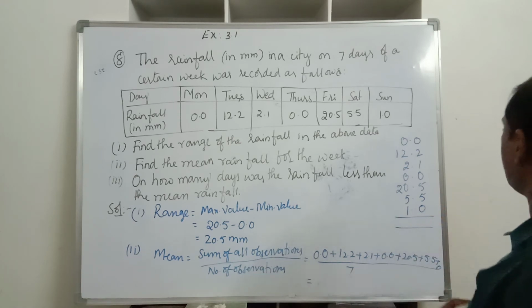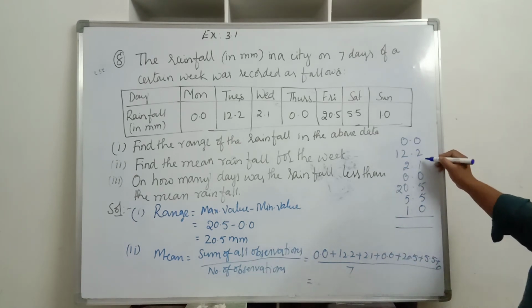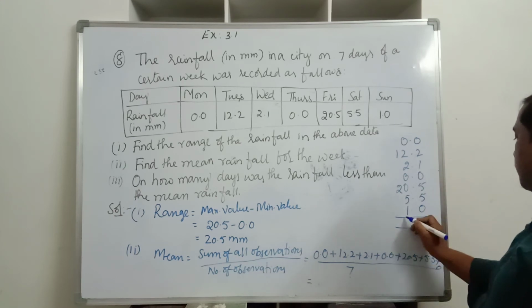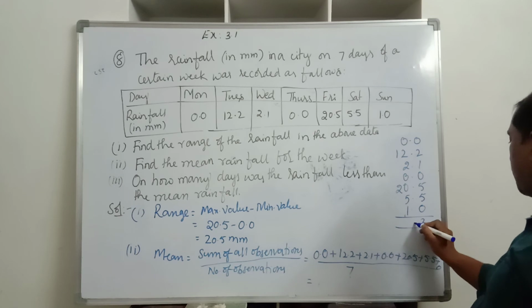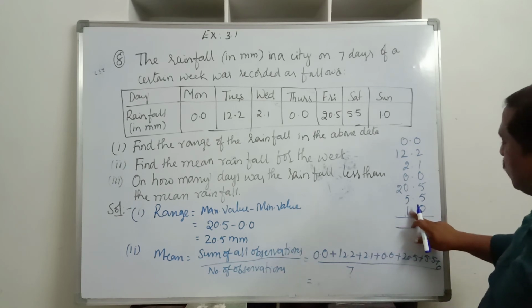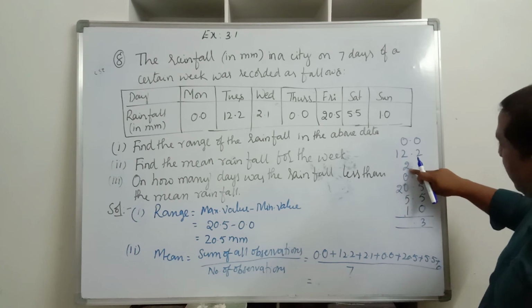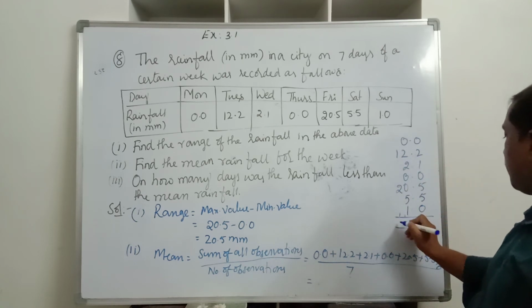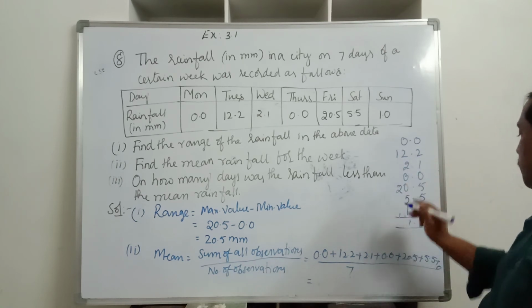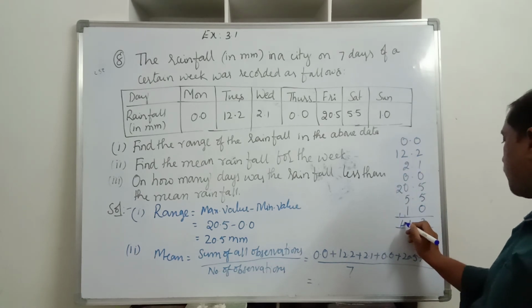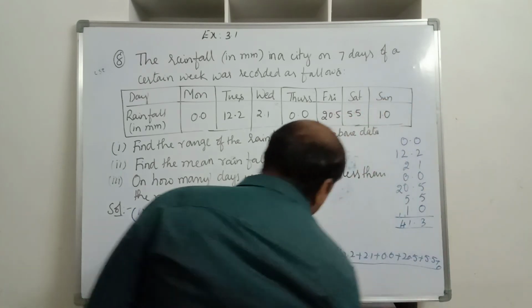Add all this. How much do we get? 0 plus 2, 2 plus 1, 3. 3 plus 5, it is 8. 8 plus 5, it is 13. Keep 1 and write 3 here. Keep the point. 1 plus 1, 2. 2 plus 5, 7. 7 plus 2, 9. 9 plus 2, 11. Then 1 plus 2, 3. 3 plus 1, 4. So we get 41.3.